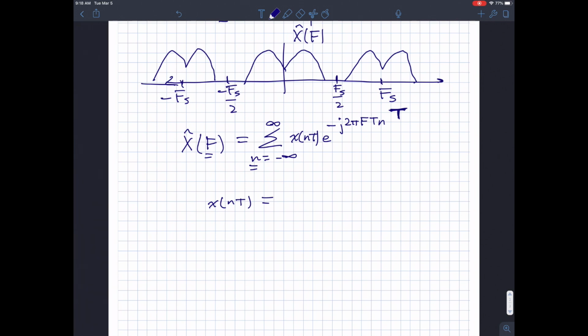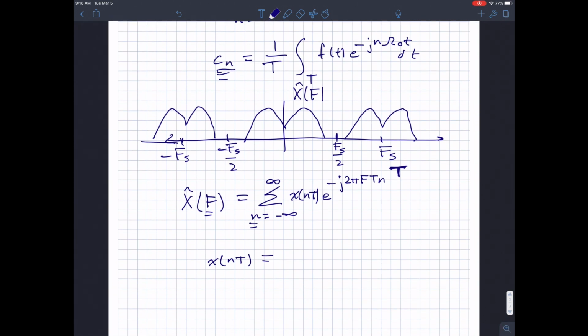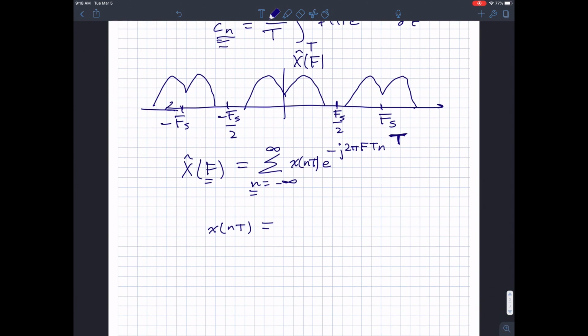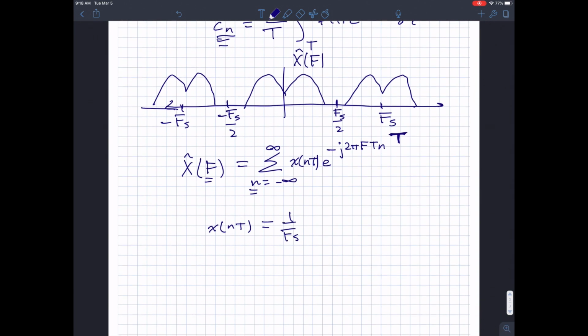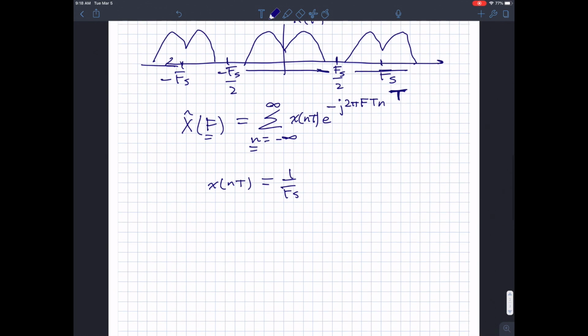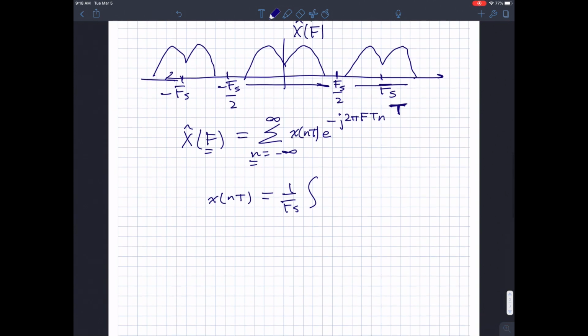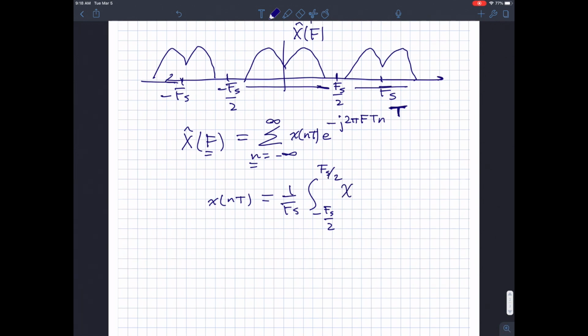It would just be an integral, 1 over the period. The period in this case is going to be Fs, so it would be 1 over Fs. That's how often this thing repeats itself, every Fs. Integral over any period, so it might as well be minus Fs over 2 to Fs over 2, of the function we're taking the Fourier series of.